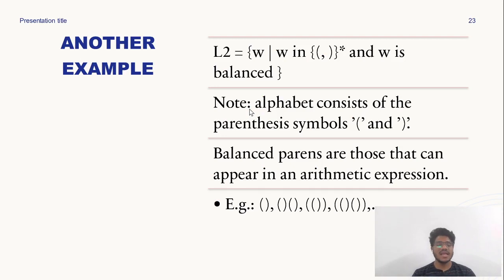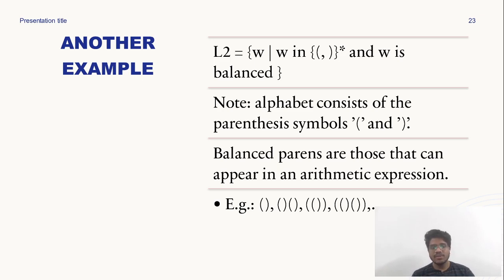Next is another example, where L2 is the set of w where w is balanced. Here the alphabet consists of parenthesis symbols. Balanced parentheses are those that can appear in an arithmetic expression.